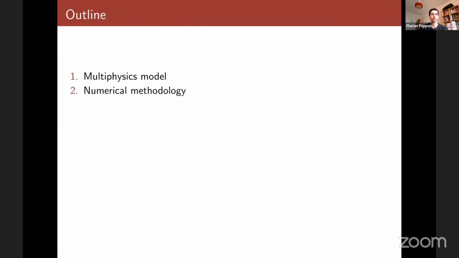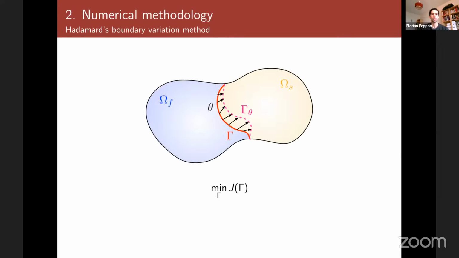So now the numerical methodology. We use the method of shape derivatives, the so-called Hadamard boundary variation method, where we seek deformations of the interface that will minimize some objective function, and can also take into account constraints.